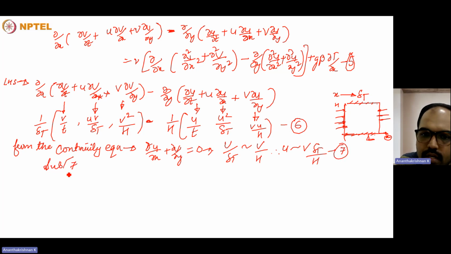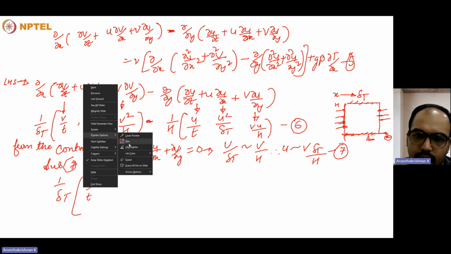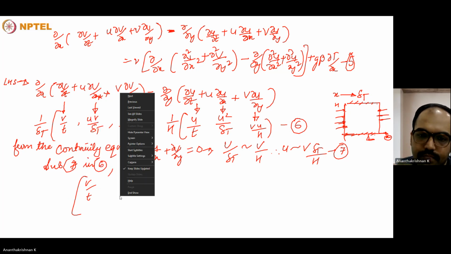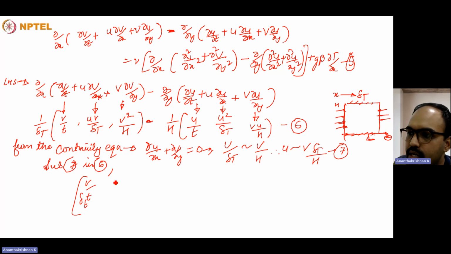Substitute 7 in 6. We can write 1 by delta T, V by T. We'll take the delta T inside. That will be better right now. V by delta T into T, UV can be written as V delta T divided by H. And then delta T gets cancelled.